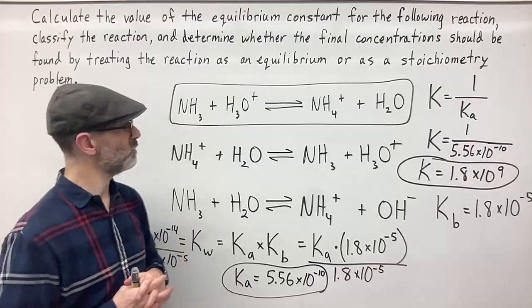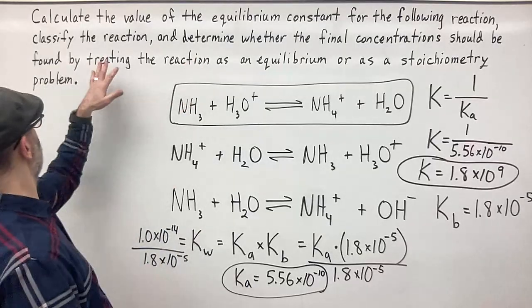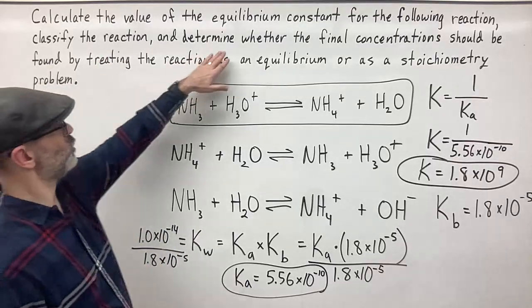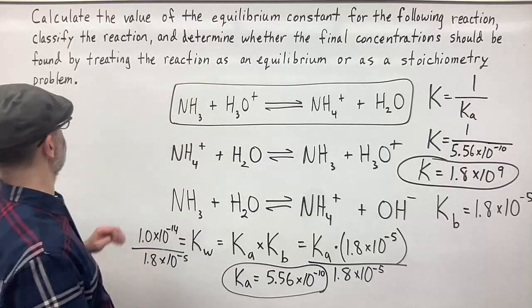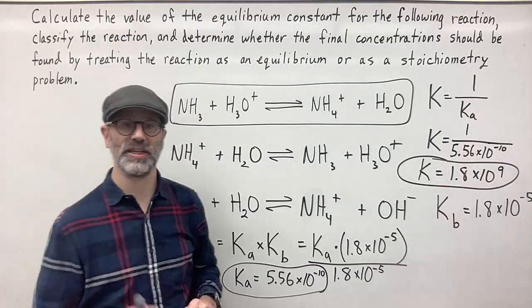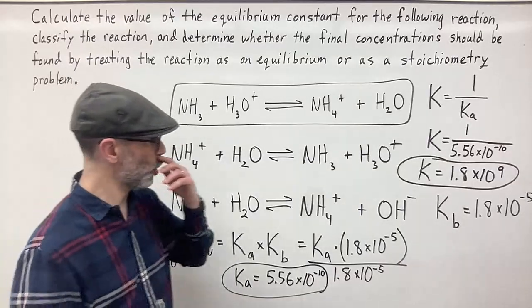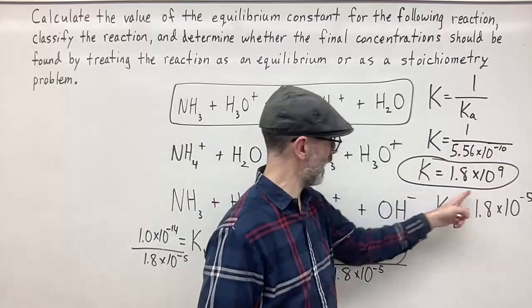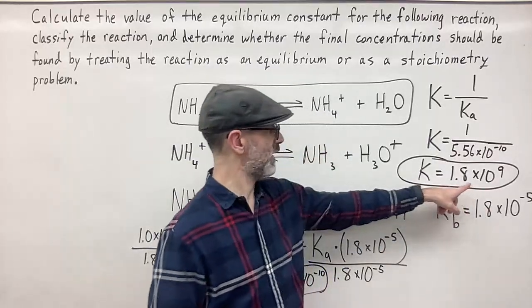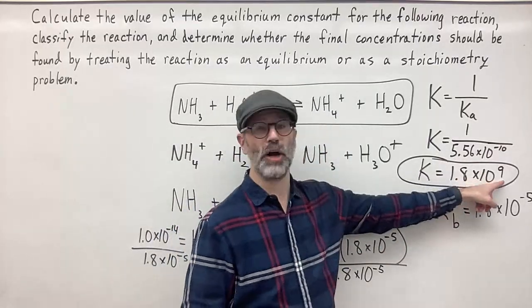neutralization reaction. And then the other thing we're asked is to determine whether the final concentration should be found by treating the reaction either as an equilibrium or stoichiometry. Well, let's look at the K value here. The K value is very, very large.